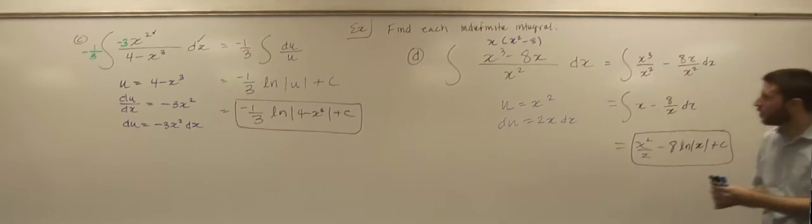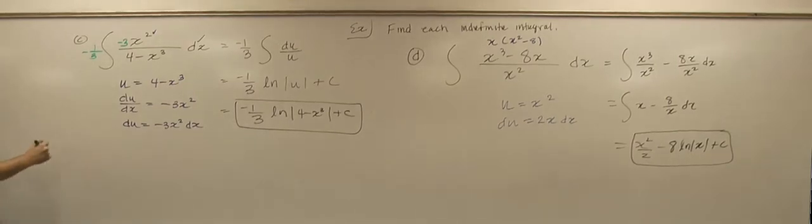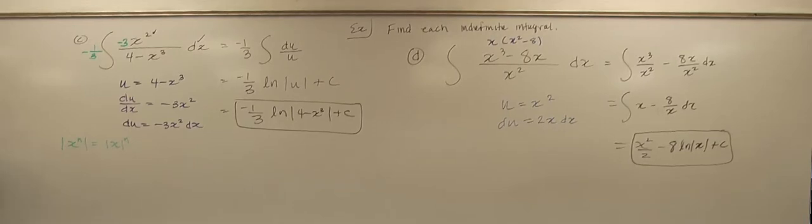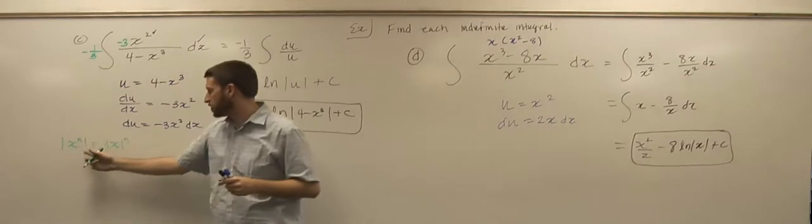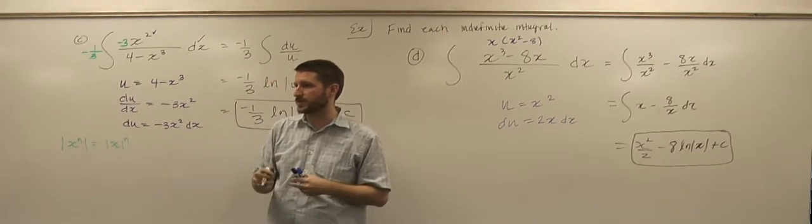In general, absolute value of x to any power is equal to the absolute value of x to that power, and then you can just move that out front. Whether you do the power first and then make it positive, or you make it positive and do the power, it's going to get you to the same place.